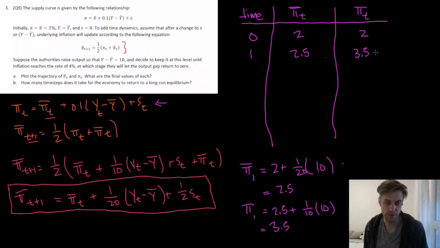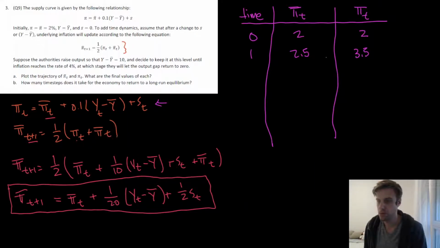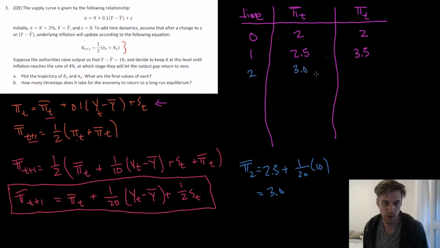And it says that we're going to keep the output gap at 10 until inflation reaches 4. So we're looking over here, it's not 4 yet, so let's go again. So we do the same computation again. We're going to compute pi bar 2, just applying the update rule. Pi bar 2 is going to be equal to pi bar 1, which is 2.5, plus 1 over 20 times the output gap, which is 10. So same computation, we're just going to add a half, and we get 3.0. So at time 2, we get 3.0.